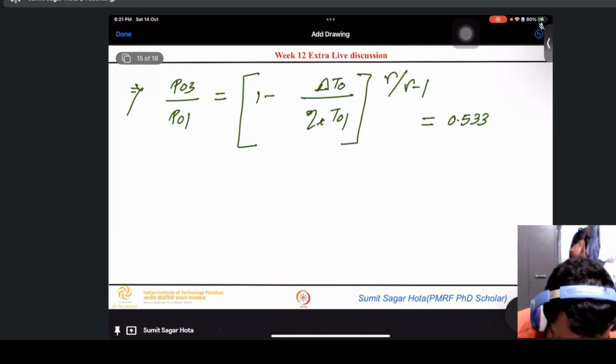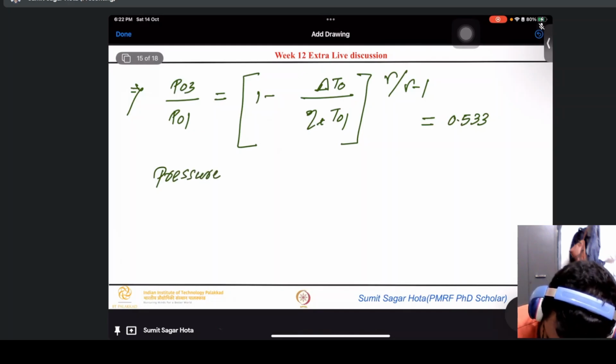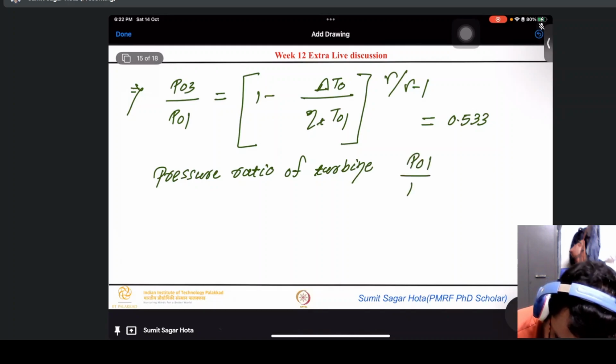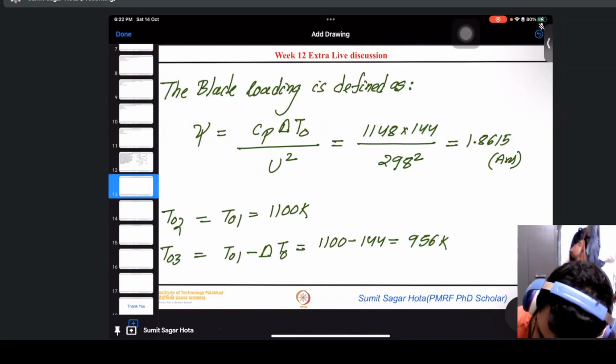Okay, what is the pressure ratio of the turbine? What? P1 by P3, yes or no? So 1.875. Okay, that thing we get from here.